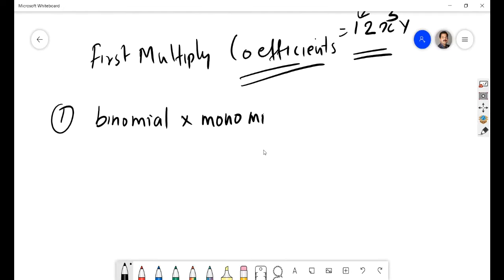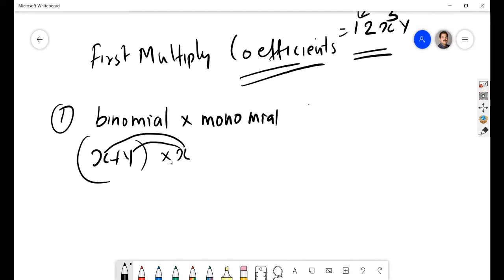Suppose x plus y, a binomial, into x. The concept is that what is inside the bracket is multiplied by what is outside the bracket. x will be multiplying this, x will be multiplying this. That means your answer will be x into x plus x into y, and the answer will be x square plus xy.